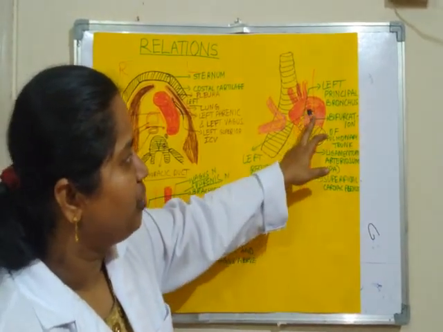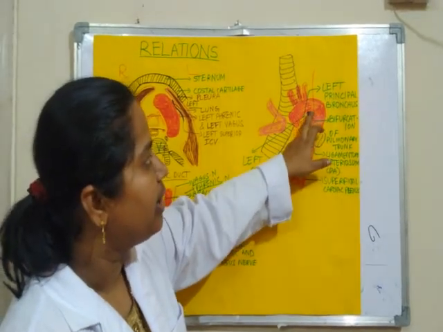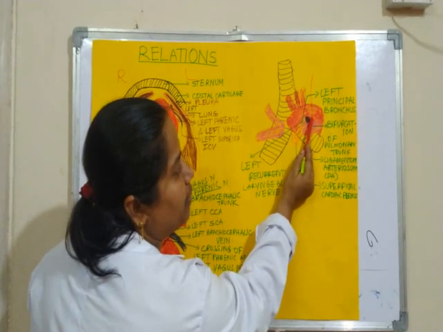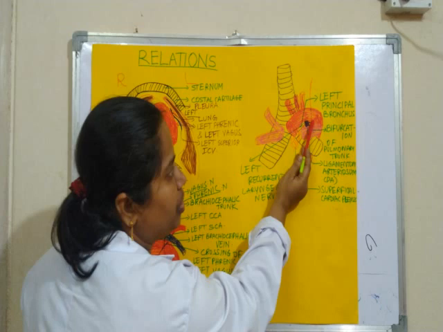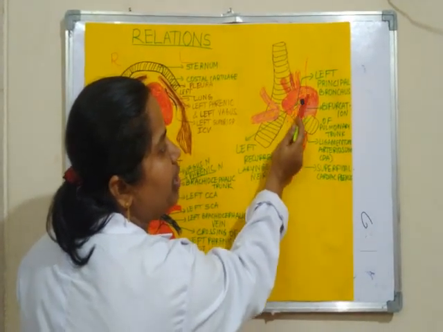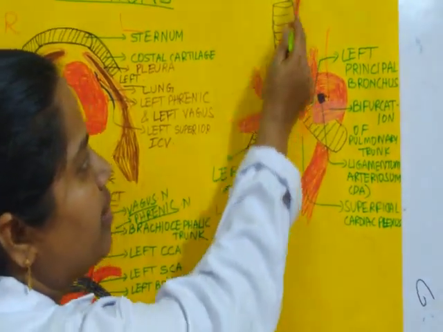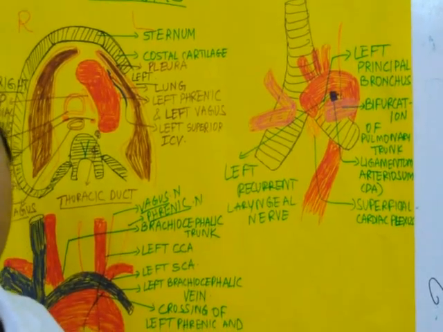Then last fifth structure is recurrent laryngeal nerve, left recurrent laryngeal nerve. So left recurrent laryngeal nerve is a branch of left vagus nerve. So after taking origin from the vagus, it winds round the inferior aspect or inferior surface of arch of aorta and then runs upwards between the esophagus and the trachea in the tracheoesophageal groove.